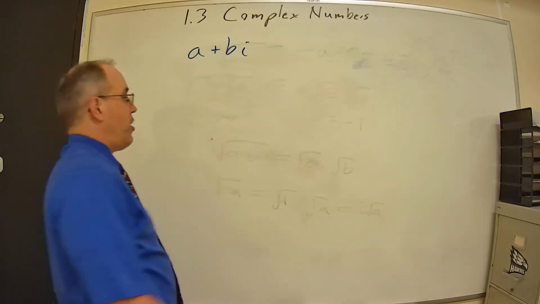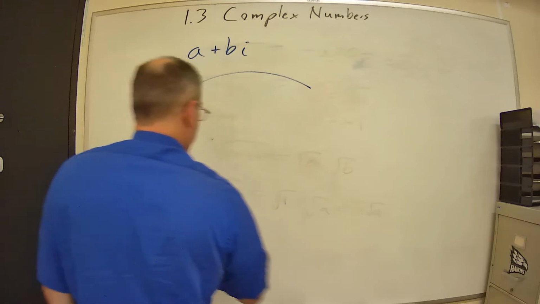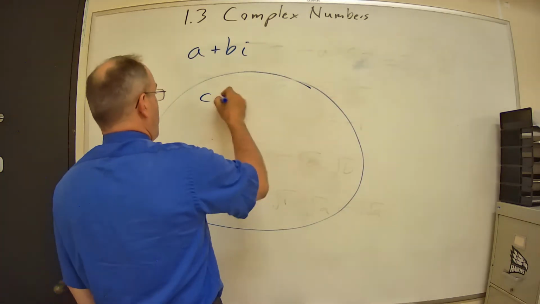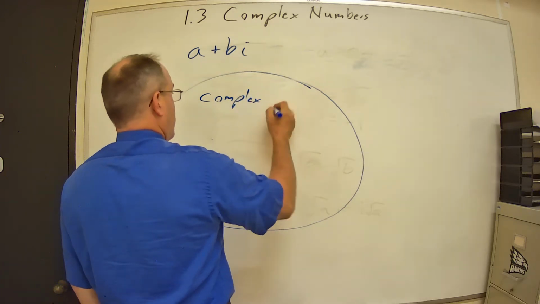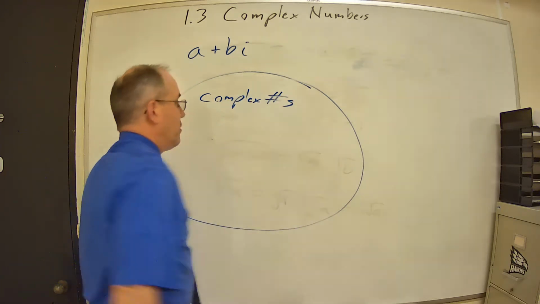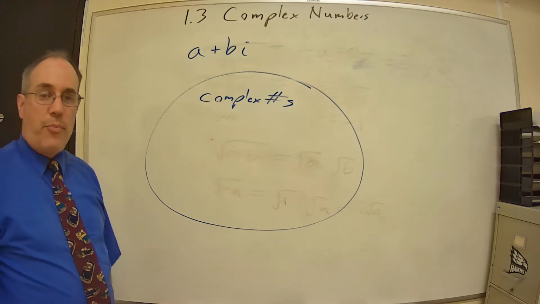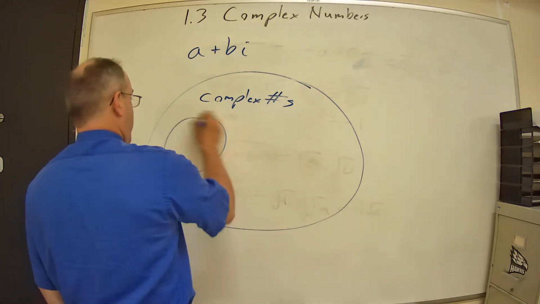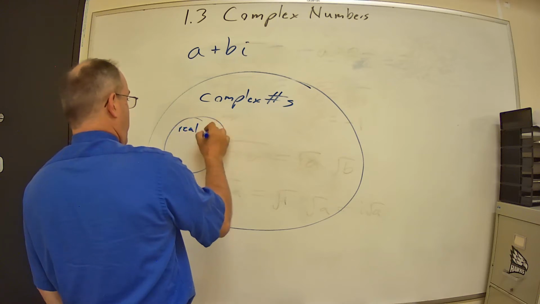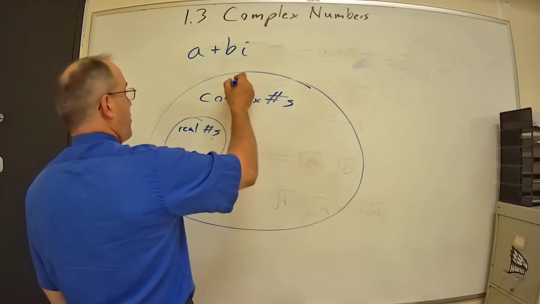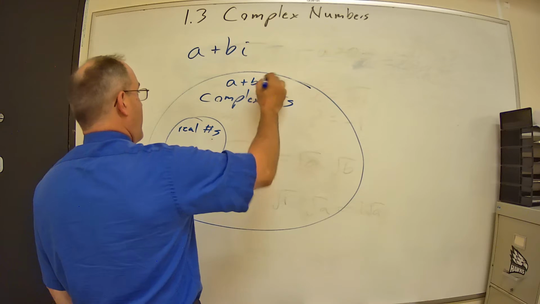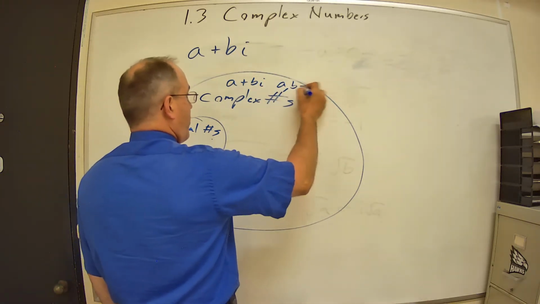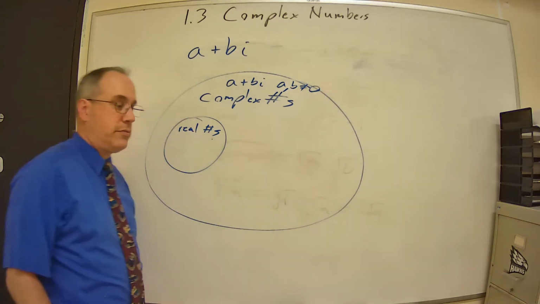If we think of our grouping of how you could sort these different sets out, we now have complex numbers. Within complex numbers, you can have real numbers. So complex numbers are in the form a plus bi, where a and b are not equal to 0.